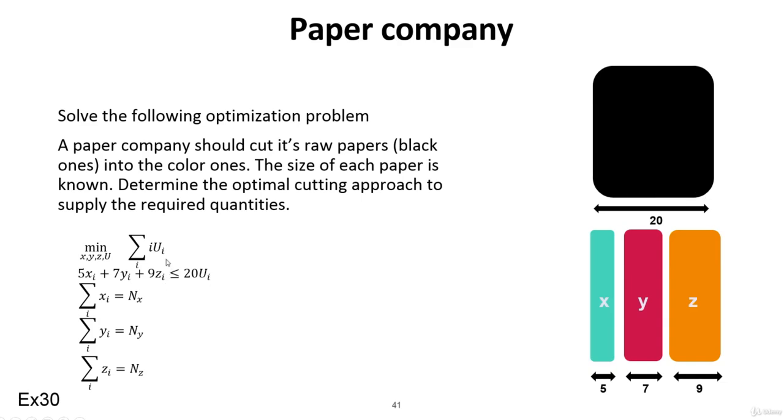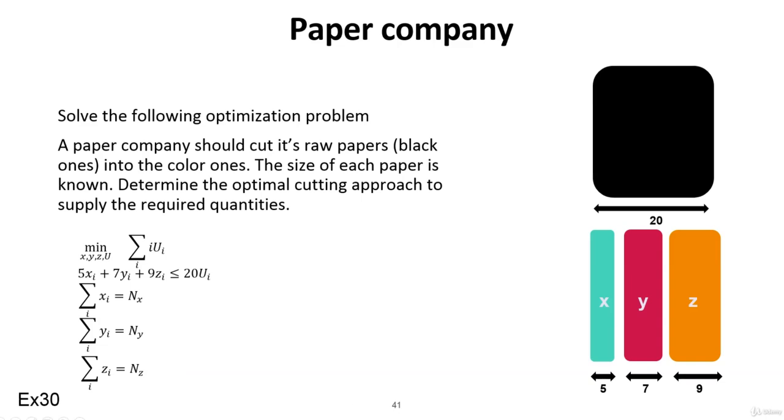So the width of the paper should always be taken into account. We want to minimize the number of big papers I'm going to cut, and for each given paper, how many X, Y and Z I can extract. So 5X plus 7Y plus 9Z less than or equal to 20 U_i, and NX, NY, and NZ are telling me the required number of each piece.